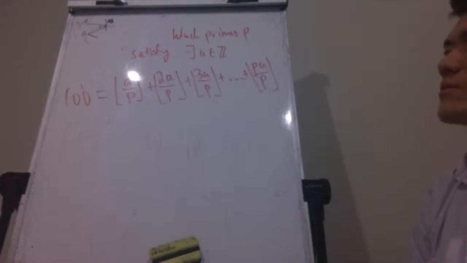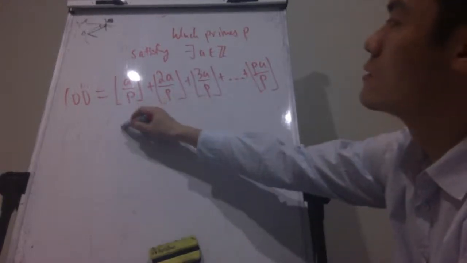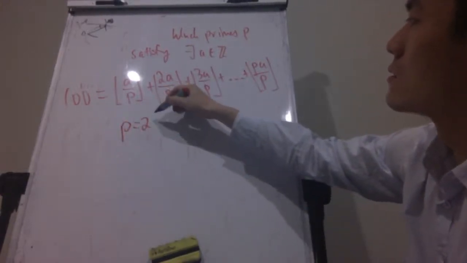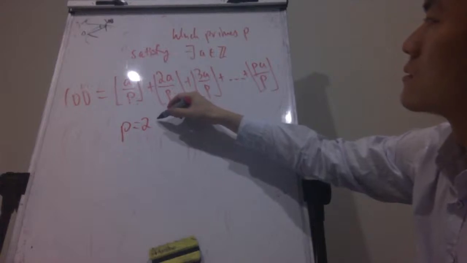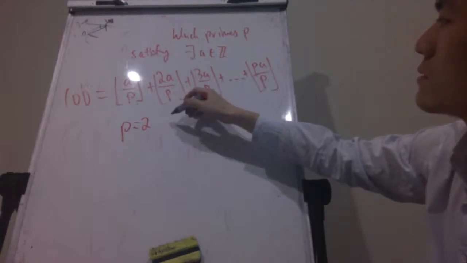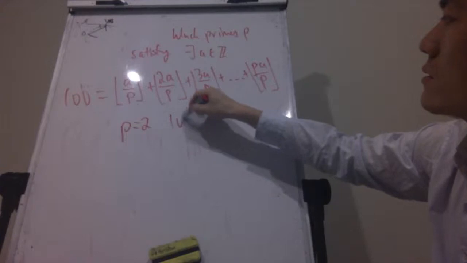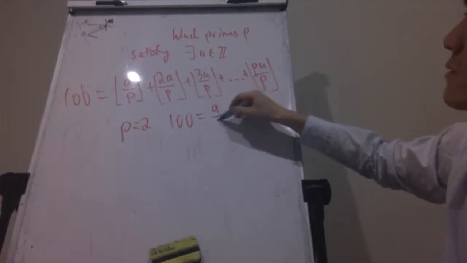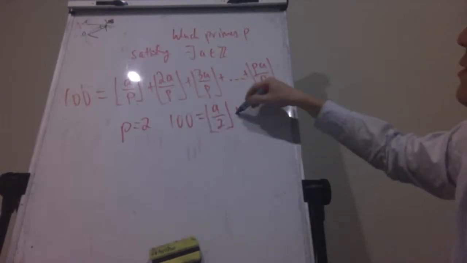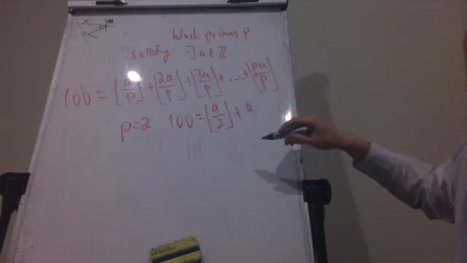So did you guys try p equals 2? Does it work? So what happens if p equals 2? We need 100 equals floor(a/2) plus a, right?